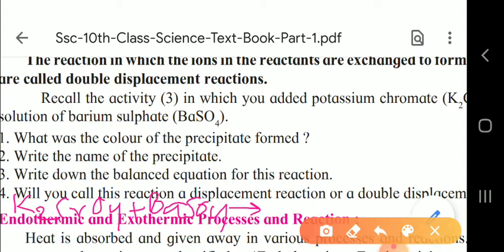All these things you have to keep in mind, because otherwise you will get 0 in the equation. Then what will be formed here? K2SO4 plus BaCrO4.